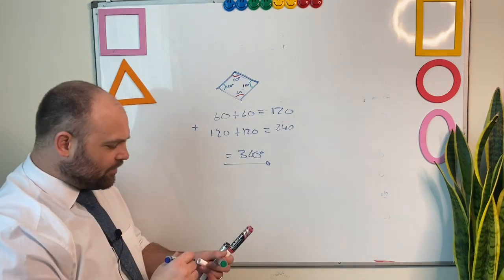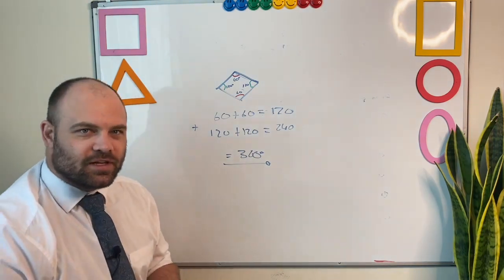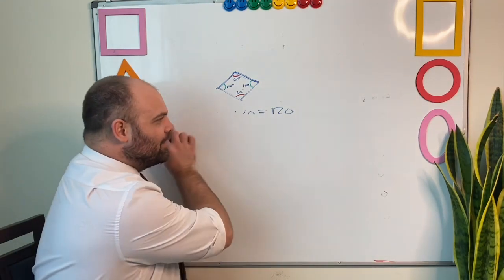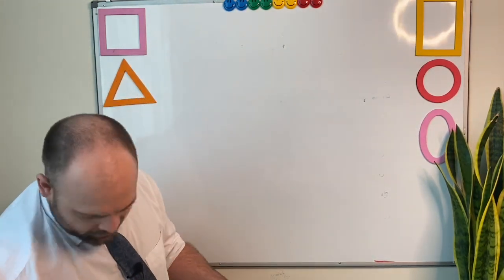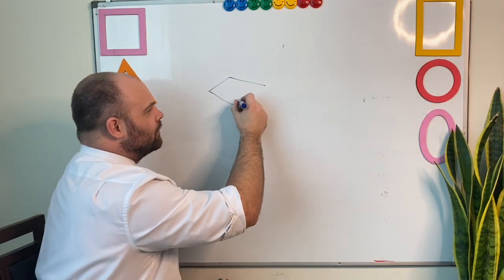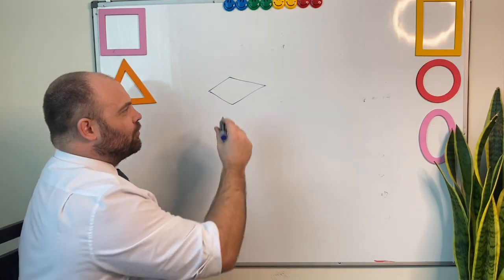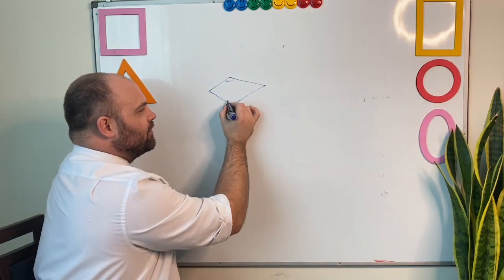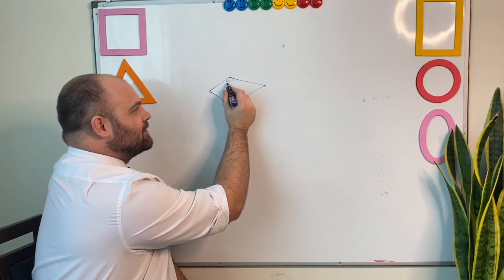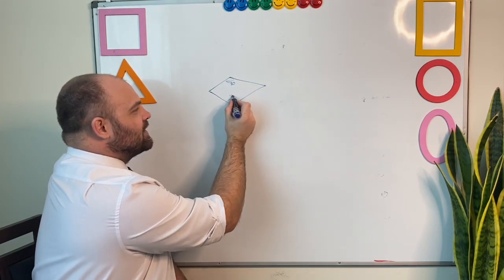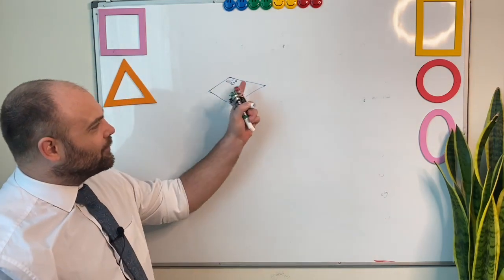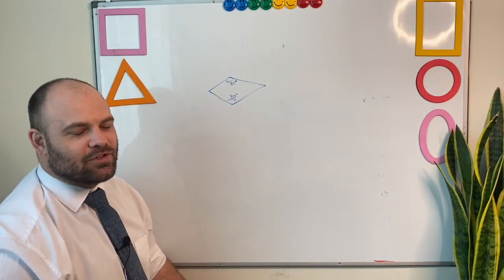But what if I gave you a more difficult example? Something that's a real mind bender, something that's going to really trouble you. If I had a rhombus and I told you the value of these two angles, I said that this is 70 degrees and this is 70 degrees, how could you figure out what these two missing values are?